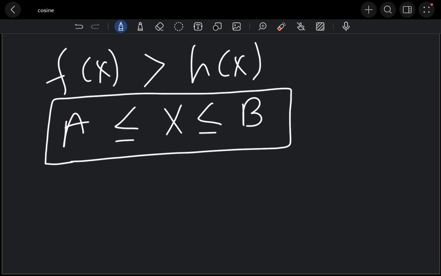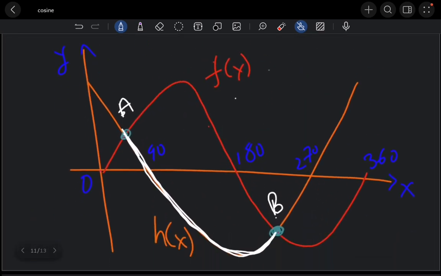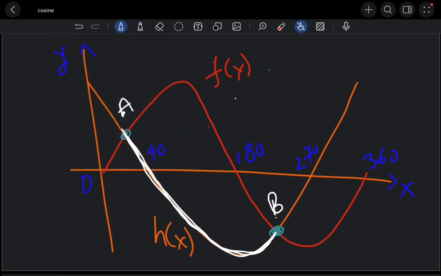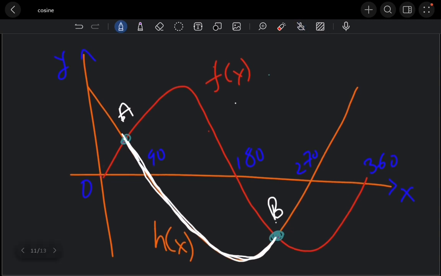f of x is less than h of x, right? We know we're looking for these points in which f of x is underneath. Less means underneath, right? F of x is less than h of x at this point, from 0 to a, and then let's look at another point in which f of x is less than h of x, this point as well.